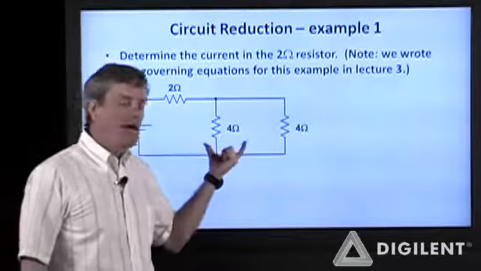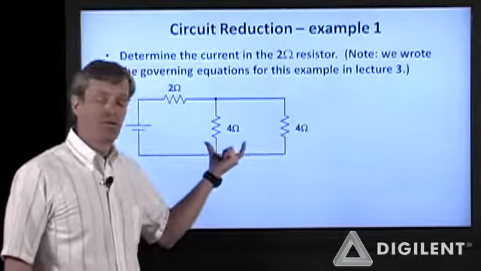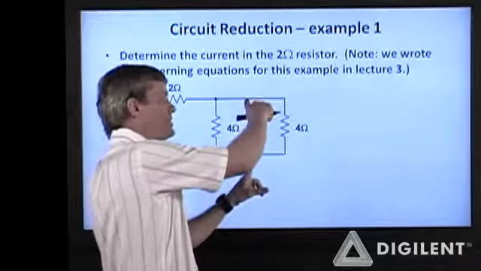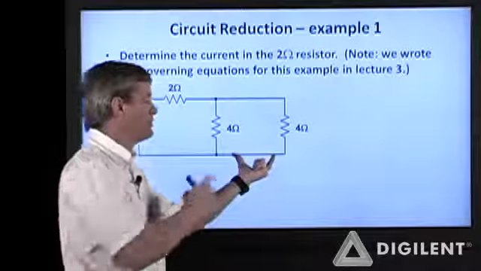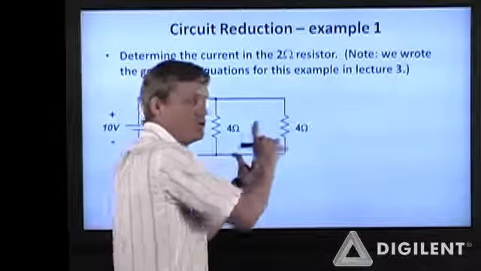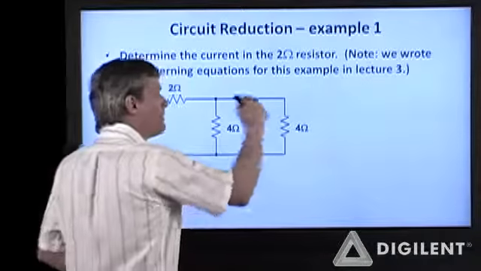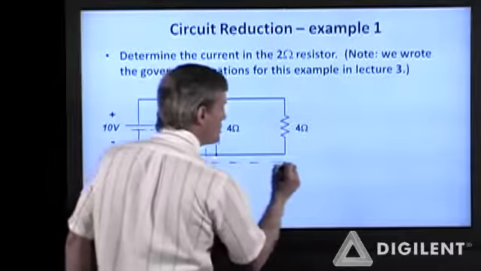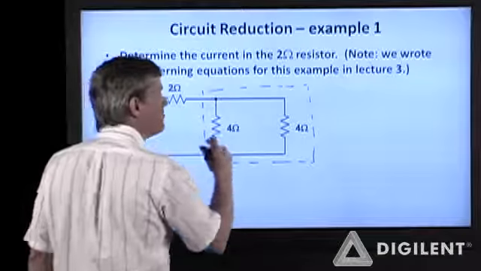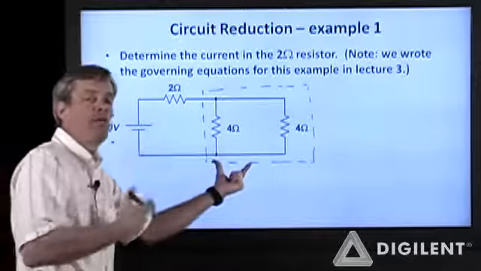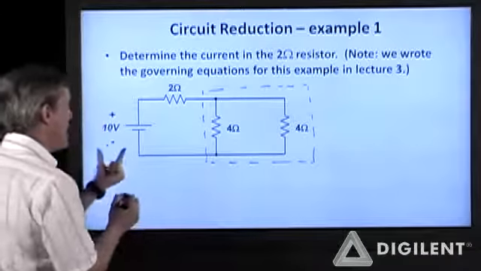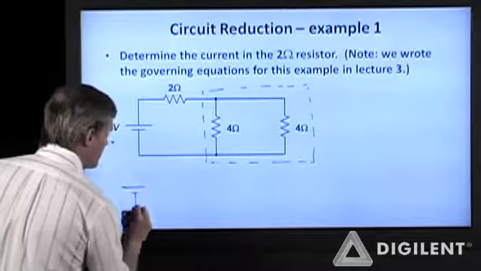Okay, I can identify these two 4 ohm resistors as being in parallel. They share the same pair of nodes. If I do KVL around this loop, it will tell me that this voltage and this voltage are always the same. Therefore, I can take these 2 resistors and combine them into a single equivalent resistance. I'll do this problem in multiple stages. I'm going to retain my 10-volt source.